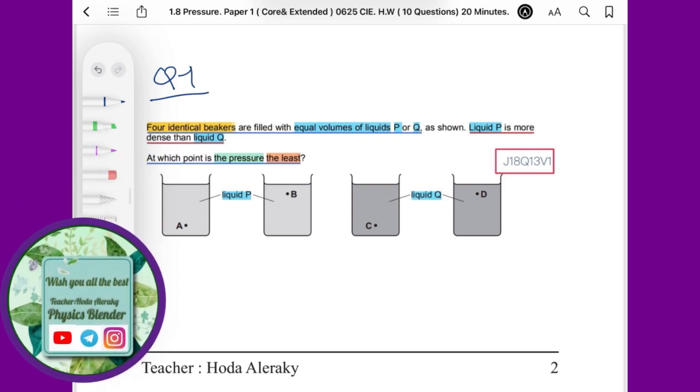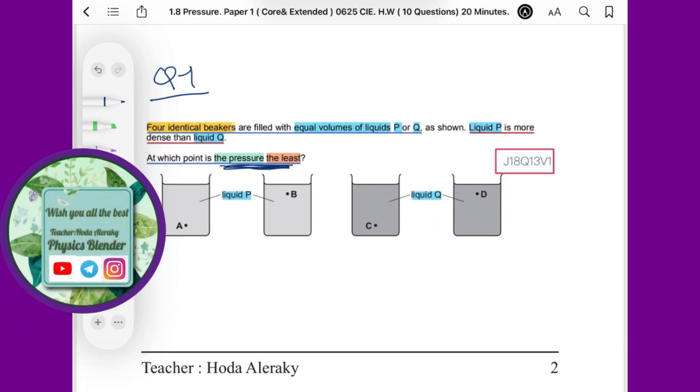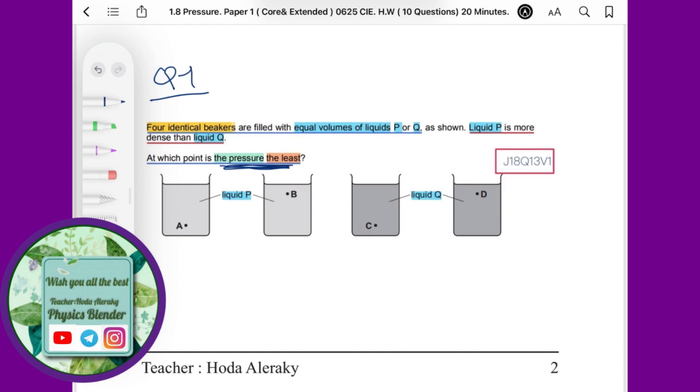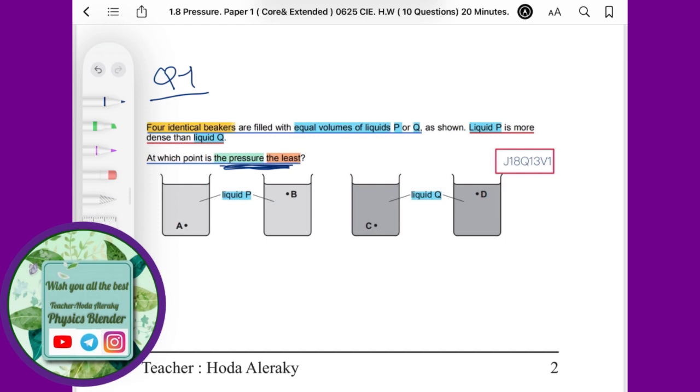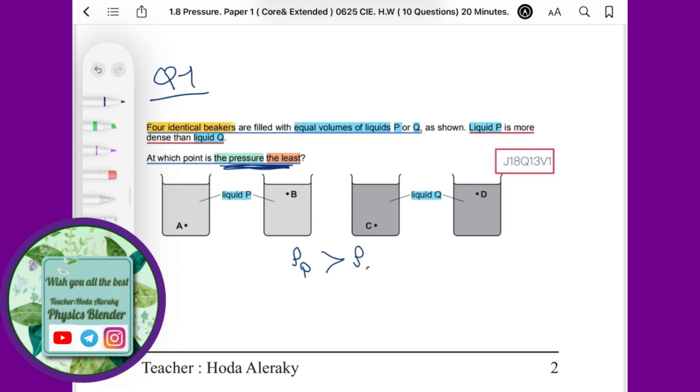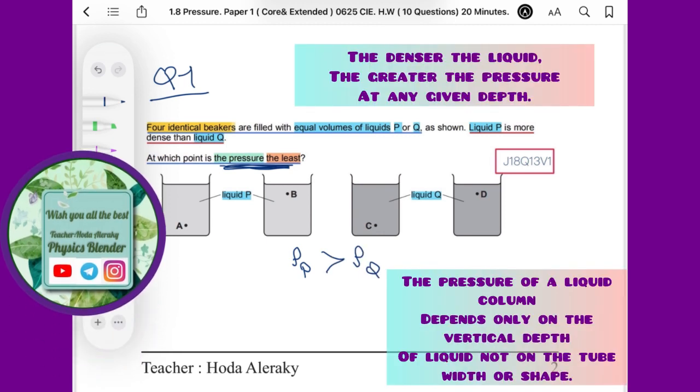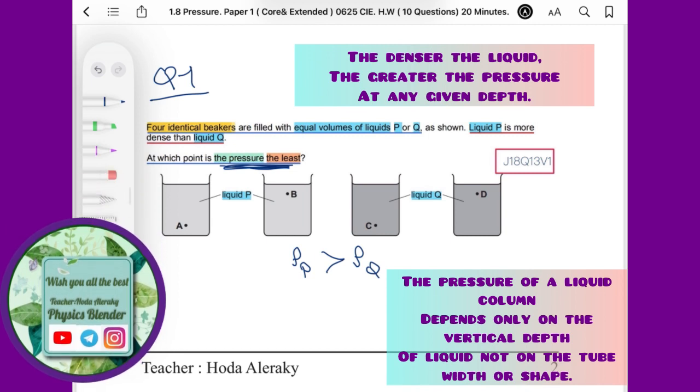Okay? So here you are looking for the point whose pressure is the least. Density of P is much greater than density of Q, and you are looking for least pressure.